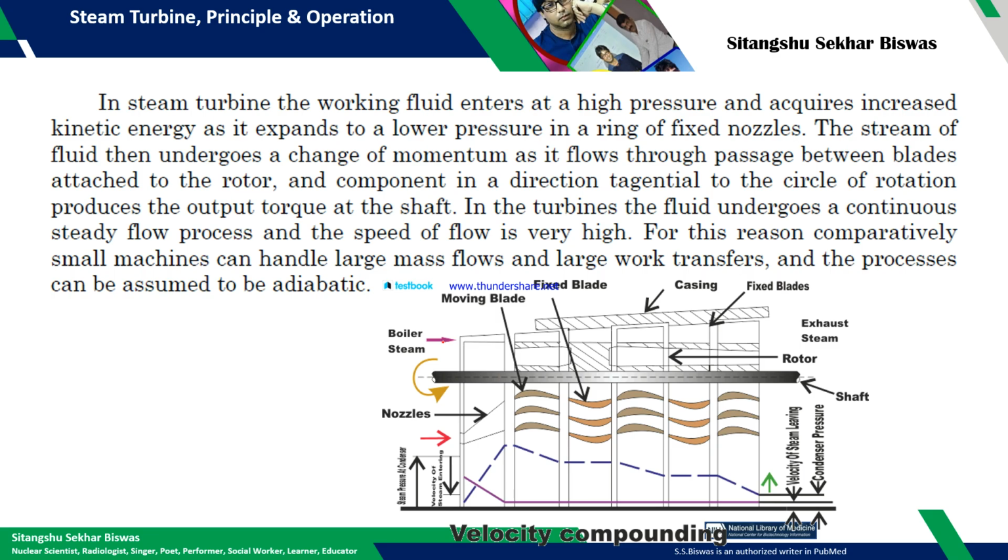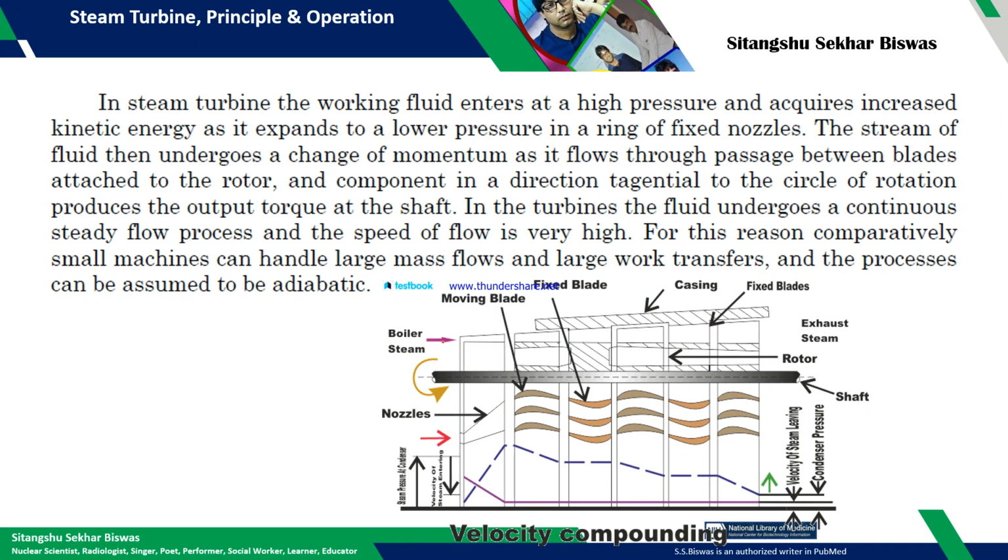The stream of fluid then undergoes a change of momentum as it flows through a passage between blades which are attached to the rotor. The component in a direction tangential to the circle of rotation produces the output torque to the shaft and it rotates.